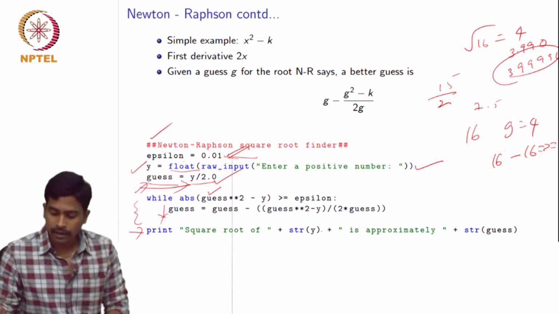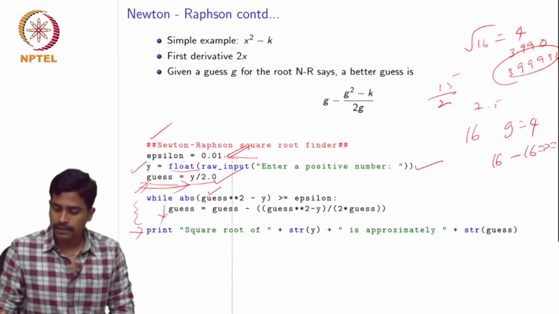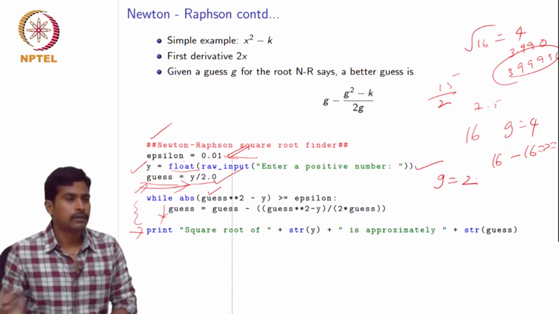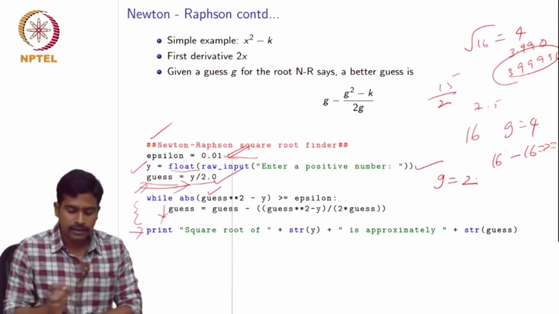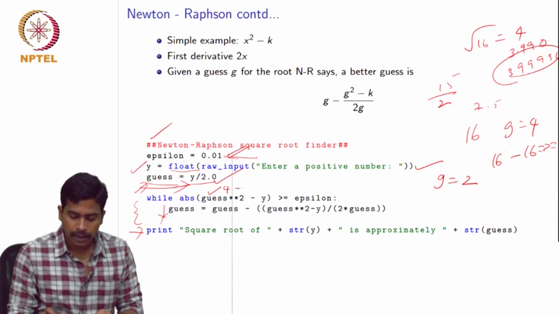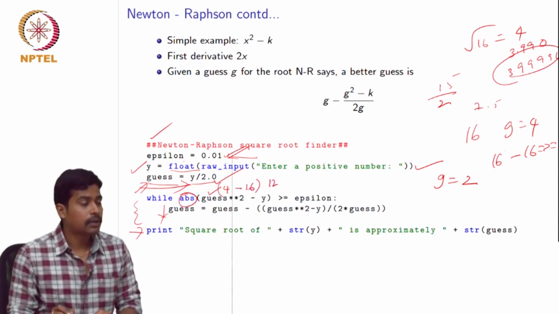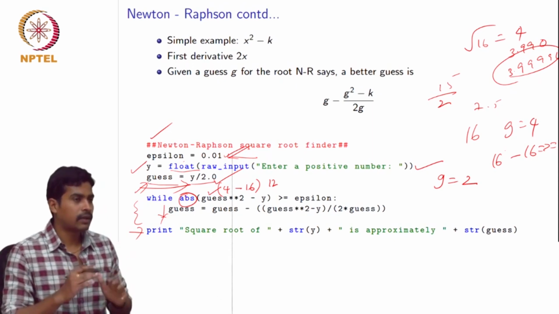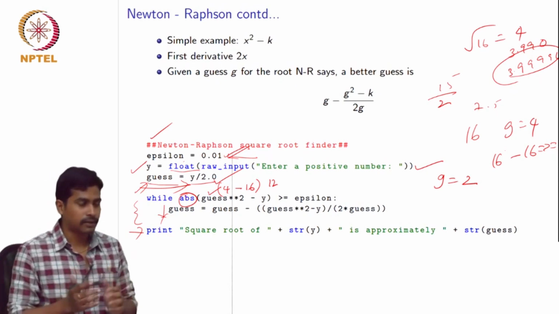Okay. On the other hand, if you have guessed the square root to be 2, what happens? 2 square is 4, minus 16, which is minus 12, and the absolute function converts negative to positive numbers, it takes only positive numbers.